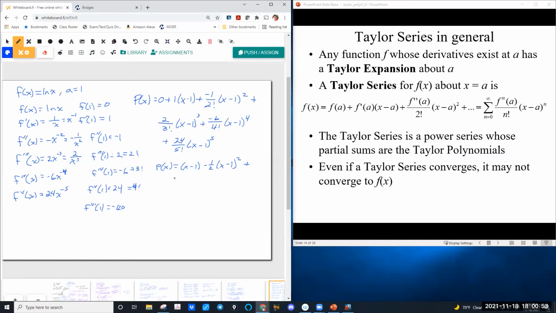So cancel out the 2's, you get 1/3. So plus 1/3 times x minus 1 cubed, minus 3 over, this is basically 3 factorial over 4 factorial. So actually all you get left with is 1/4.